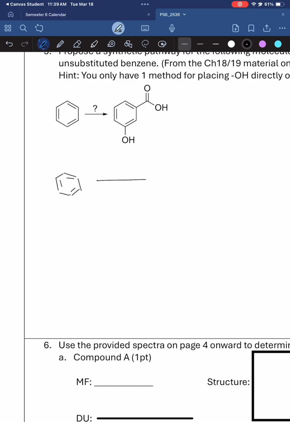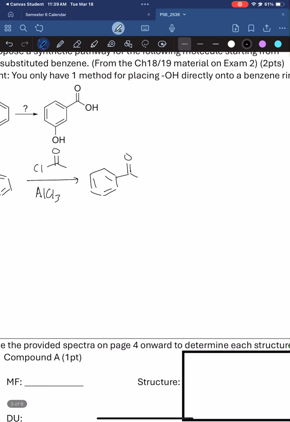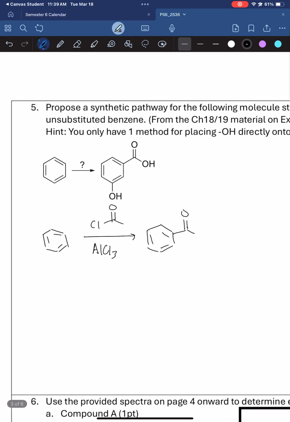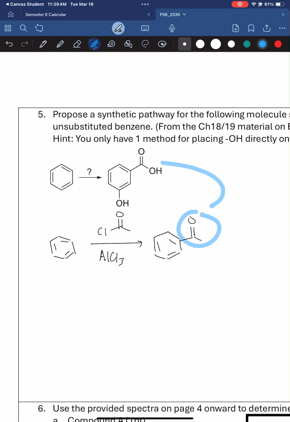Okay, so let's start here. I'm going to go ahead and react this with this Friedel-Crafts. And what that's going to do is add this group right here. Now the next step, we want to get this group right here to look like a carboxylic acid.